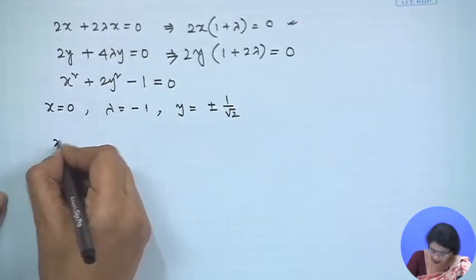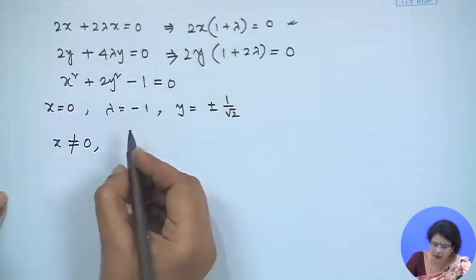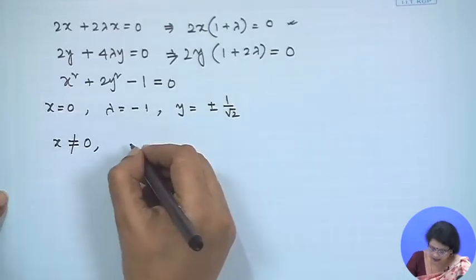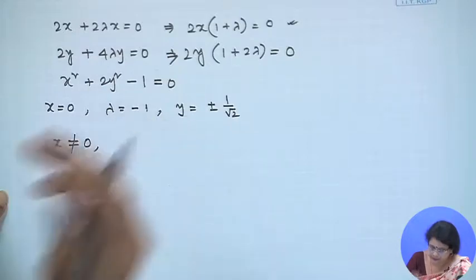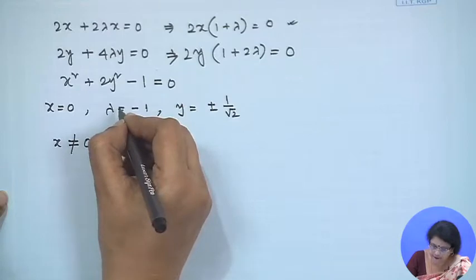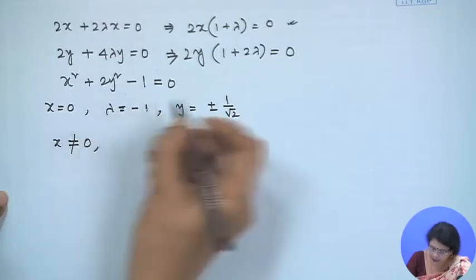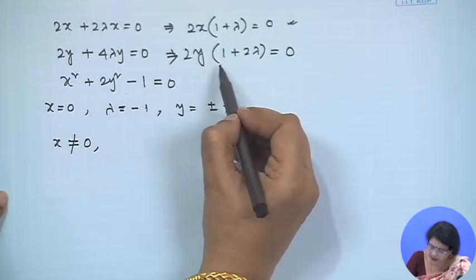But if x is not equal to 0, then what you will get? Then lambda cannot be equal to minus 1. Then what should be the value for lambda?